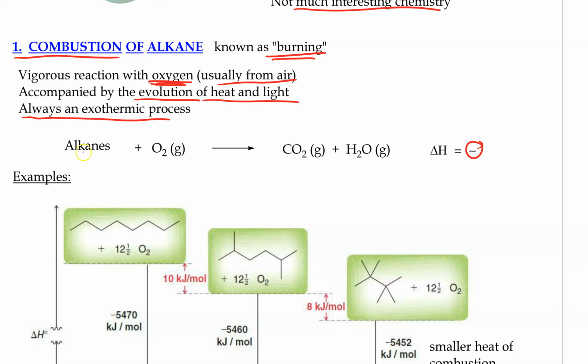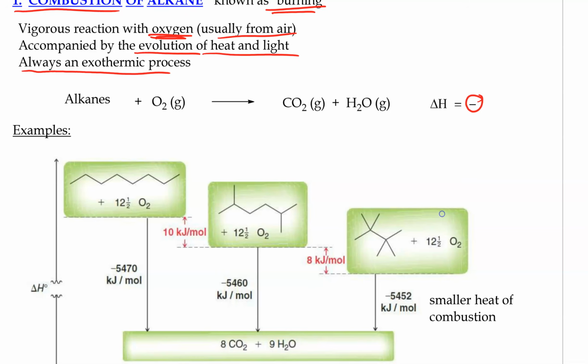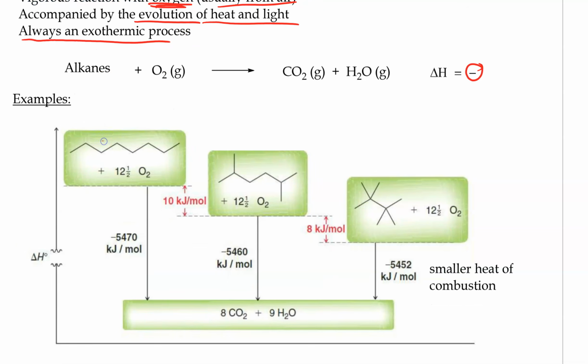Depending on the type of alkane, we have to balance this reaction correctly, and each combustion has a particular value of delta H. For example, the first one is an unbranched alkane. In this case, it is octane because it has 8 carbons. The chemical formula is C8H18.